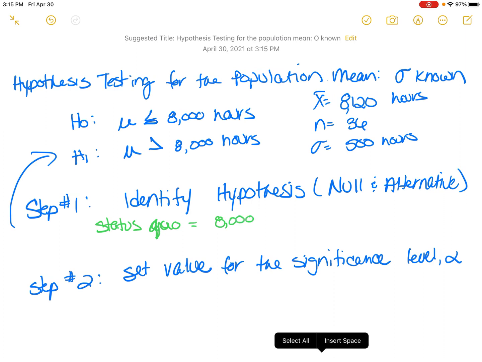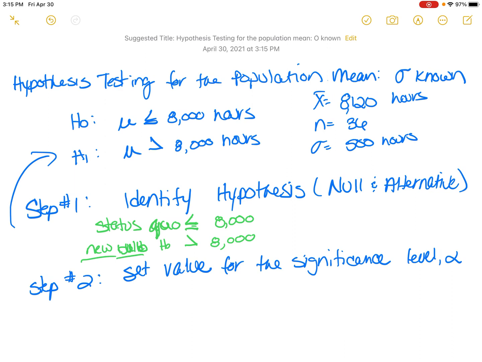So currently we know that this light bulb has a lifespan of 8,000 hours or less. But the new bulb is always the clue that this is the alternative, and they're saying it has a lifespan of greater than 8,000 hours.